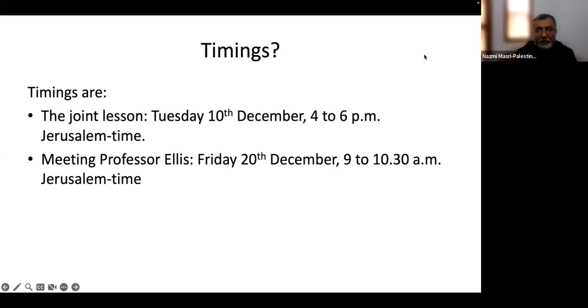Let me give a comment on timing, or a piece of advice to my students on this timing. We have no choice, me and Bill and the students and Alice, for changing these two times. So please take it as fixed, because if you look at the time difference between Gaza, UK, and New Zealand, there are big differences.